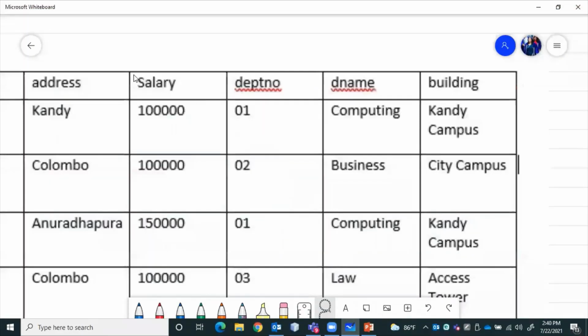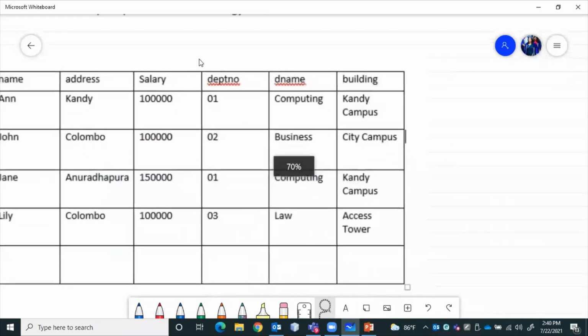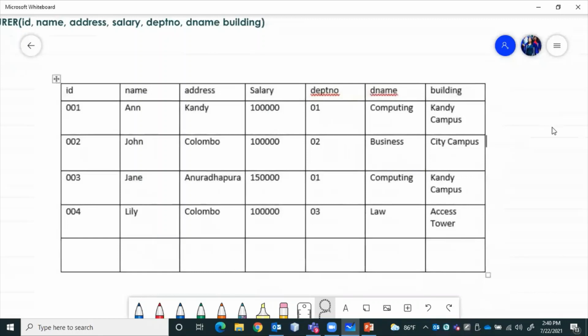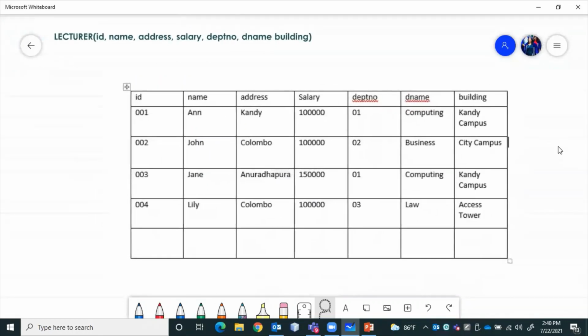Okay, so I have added sample data for this particular table. This table is inside the database, right? Here you could see the ID, I have taken 001, and the name is Anne, Candy is the address, then the salary, department number, department name, computing, and the building name.